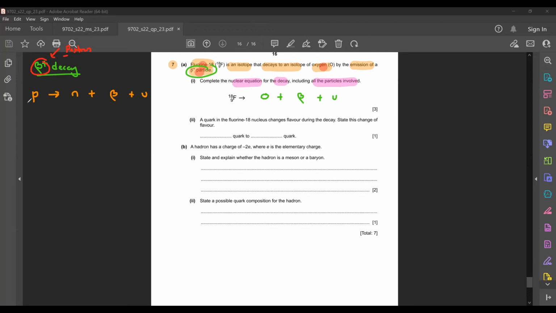You will get 1, 1, 0, 1, plus 1, 0, and 0, 0 here. This pair of particles, your beta plus and your electron neutrino, will always come together. These are your lepton pairs. Your positron being this one, or your beta plus, and then this one being your electron neutrino.